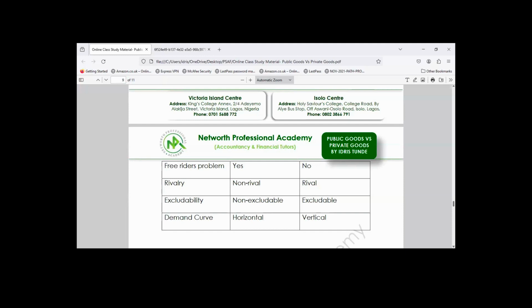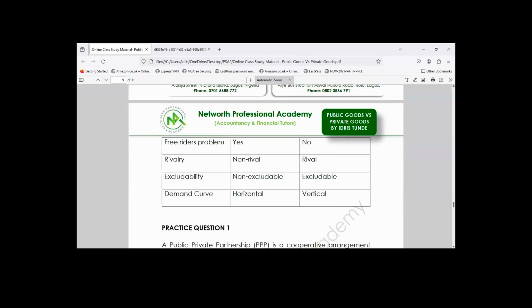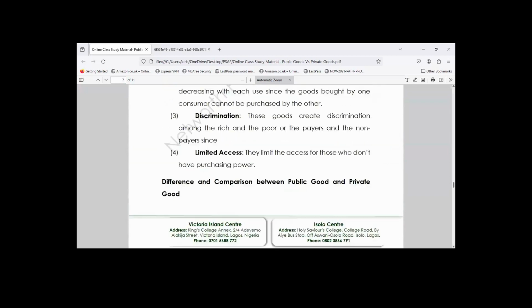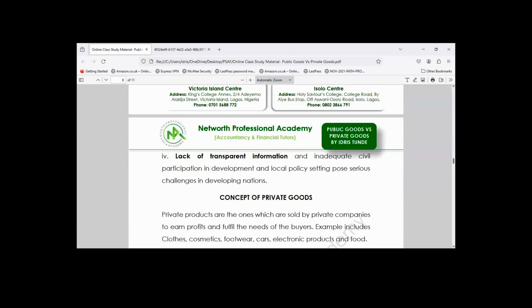But for private good, as the price goes up, the demand will do what? Come down. As the price comes down, the demand will do what? Go up. So that is the difference between public good and private good.